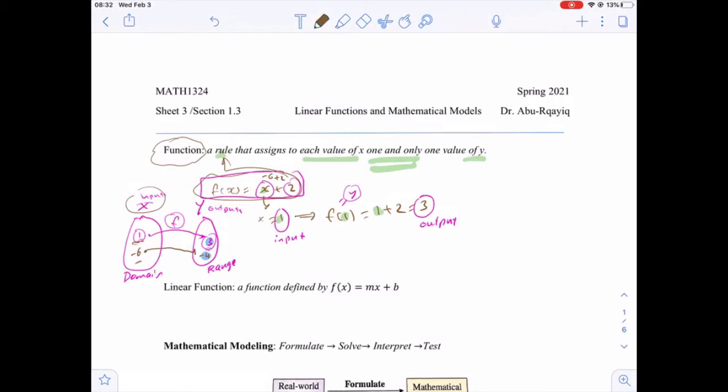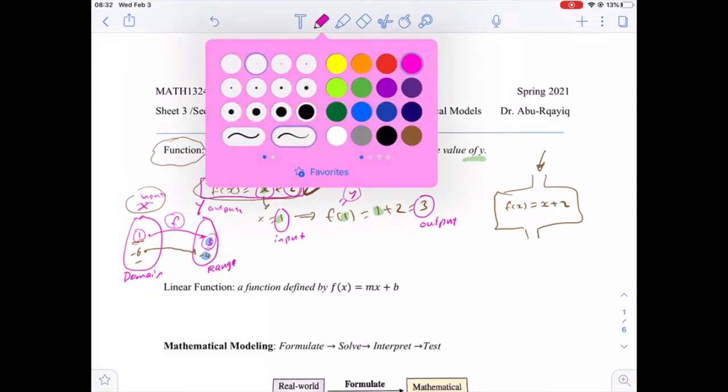So this is a function, or you can think of the function as a machine. Functions can vary hugely. For example, f of x equals x plus 2 is a function, and imagine that you have a machine where we add some inputs here.